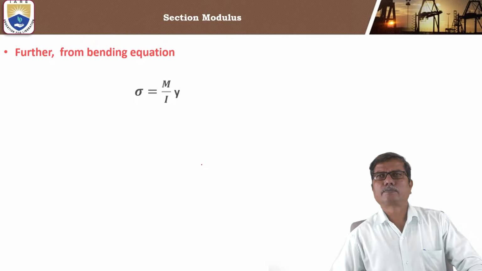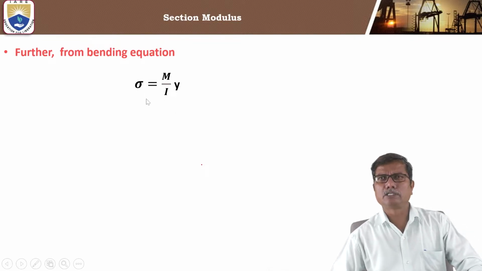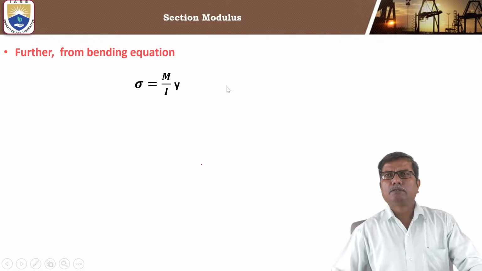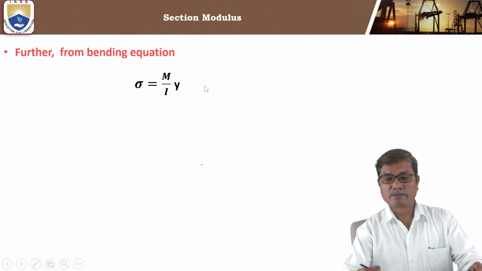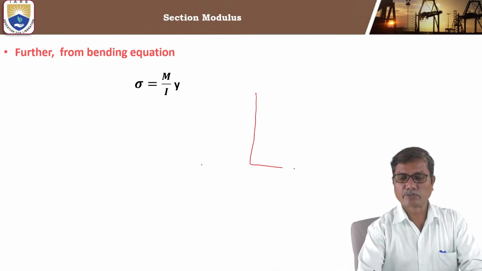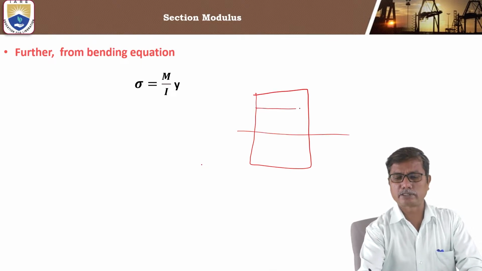From the bending equation we have the relation sigma is equal to M by I into y, where sigma is the stress at any section, at any layer at a distance y above the neutral axis.